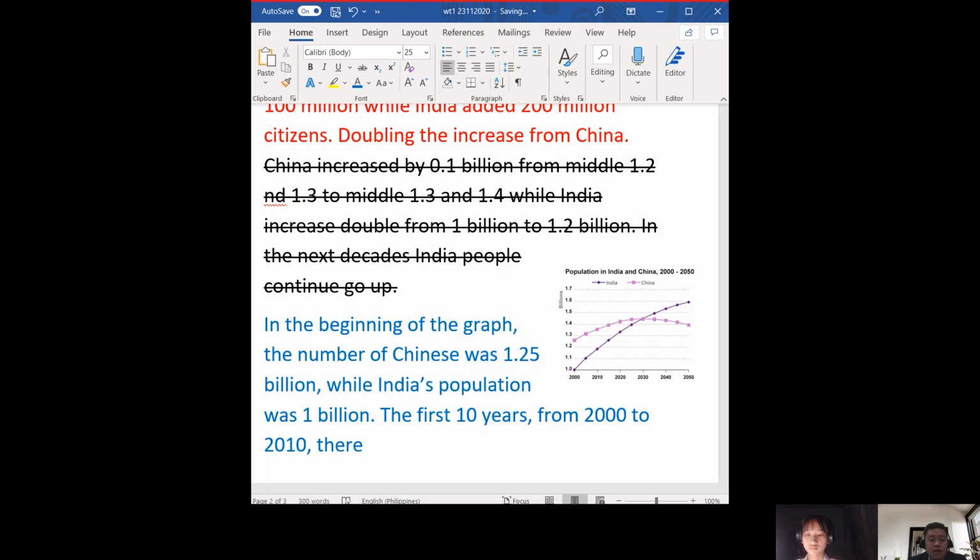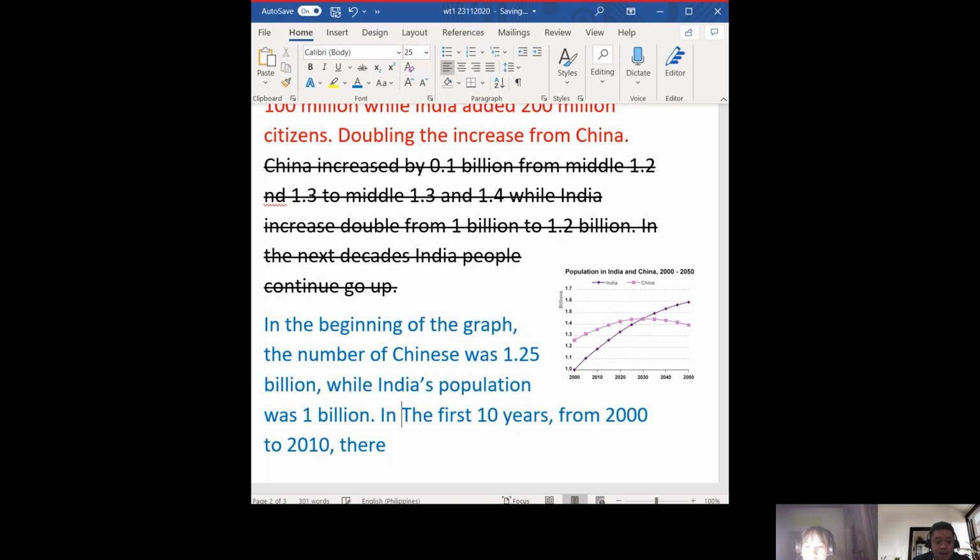What was the change? How many increased for China? China increased 100 million.